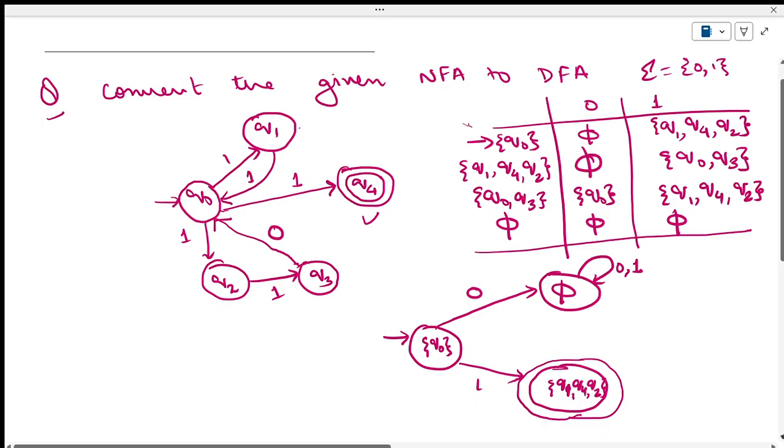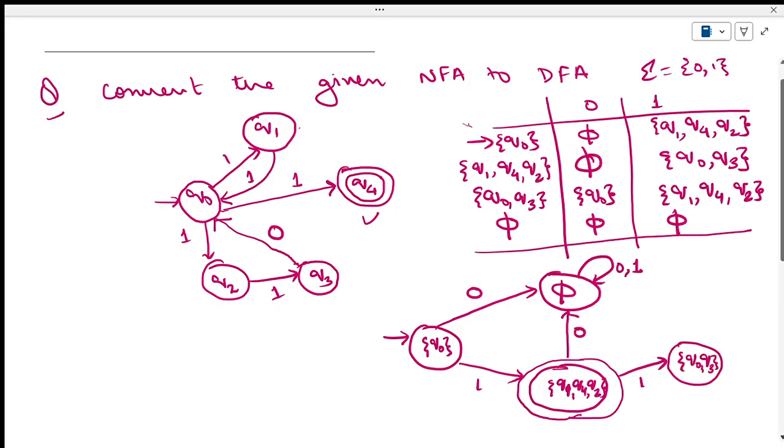Now see the transition of Q1, Q4, Q2 on 0. On reading 0, it is going to the phi state. On reading 1, it is going to some state Q0, Q3.